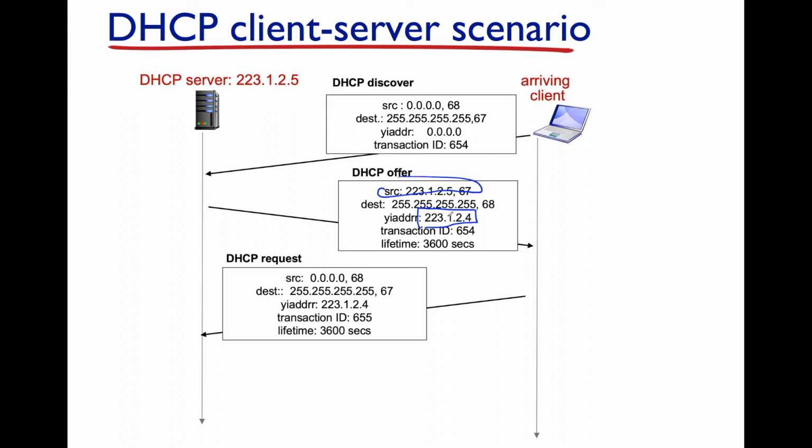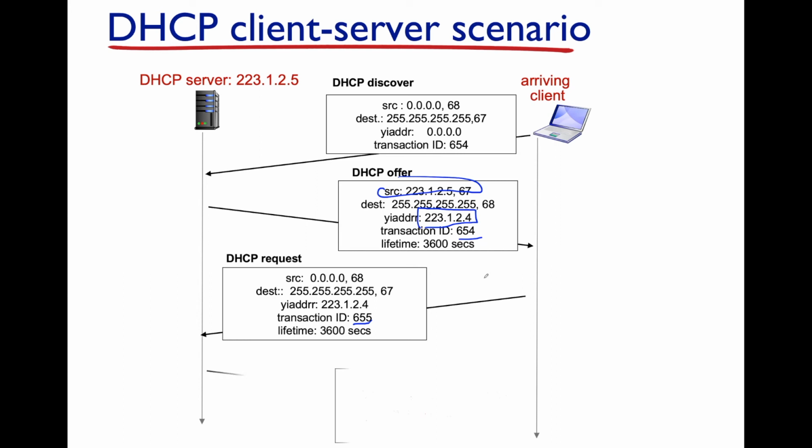And so when we send this request message, it's going to use a transaction ID, and you'll notice the transaction ID is very closely related to the original transaction ID. But this time, it's going to have a destination address of broadcast, and it's going to have a port number, and the source is going to be all zeros. And the reason for that is, again, the arriving client doesn't yet have an IP address.